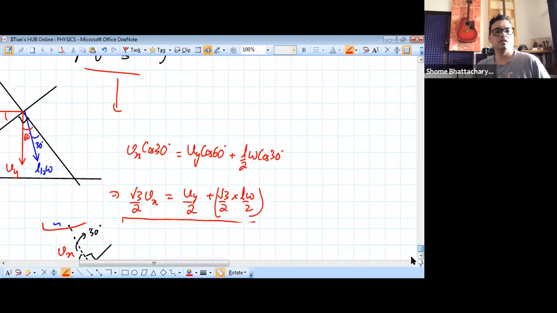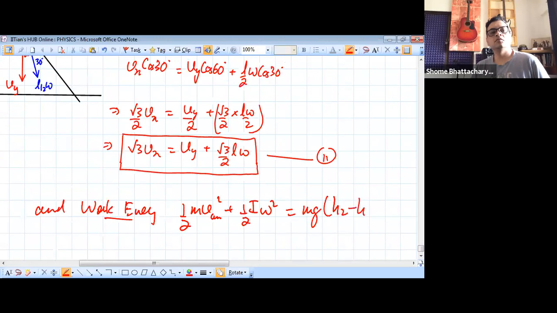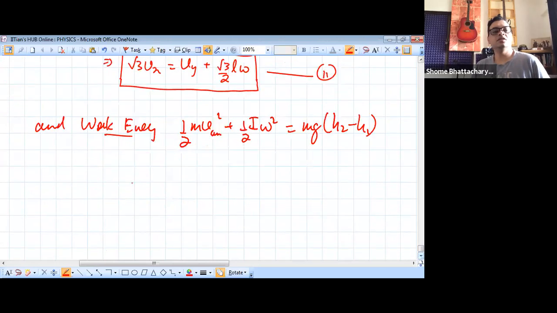Now we have this, and then we have the work energy. That is the same as that figure over there. The only thing is here we will replace Vx square by Vx square plus ml square by 12 omega square.